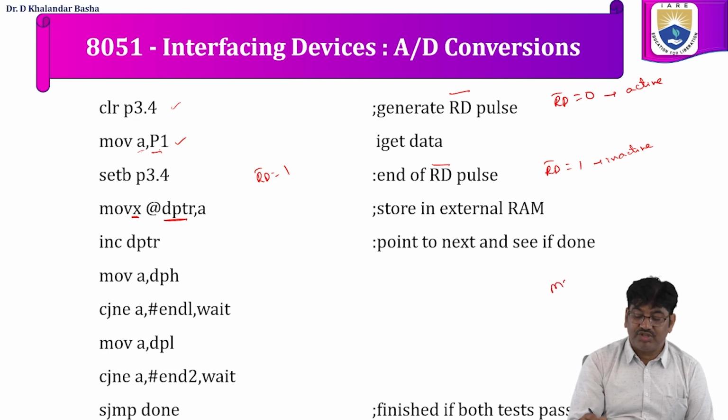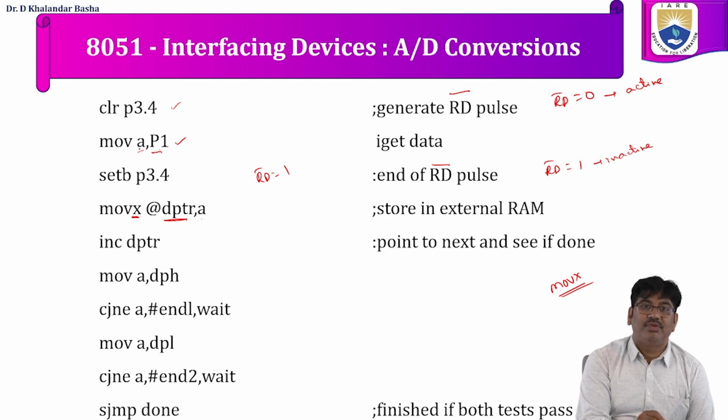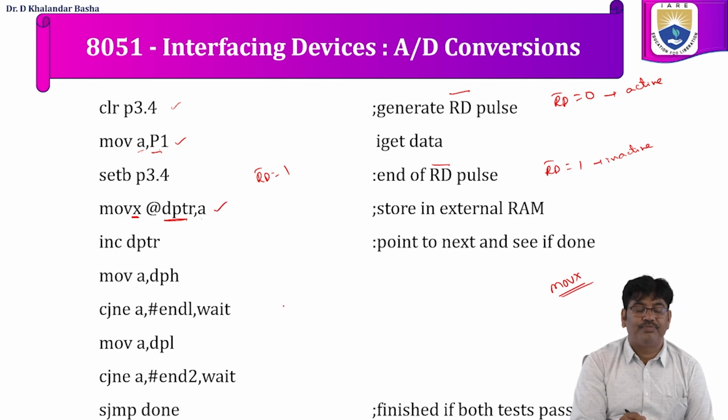The external memory address is in DPTR, and the value which we want to store at that memory location is in the accumulator. So we use the instruction MOVX @DPTR, A. Whatever converted value we read into the accumulator from the port, that value is stored into the external RAM.